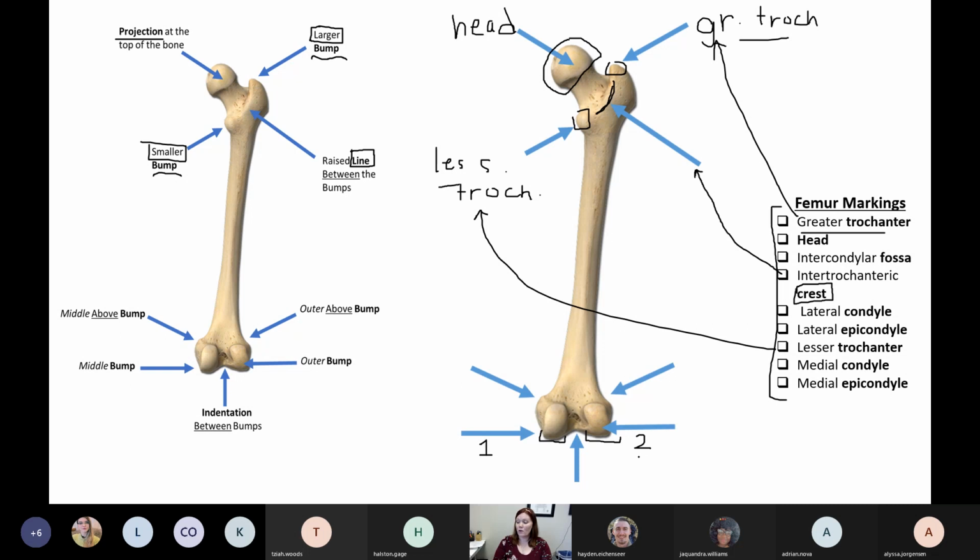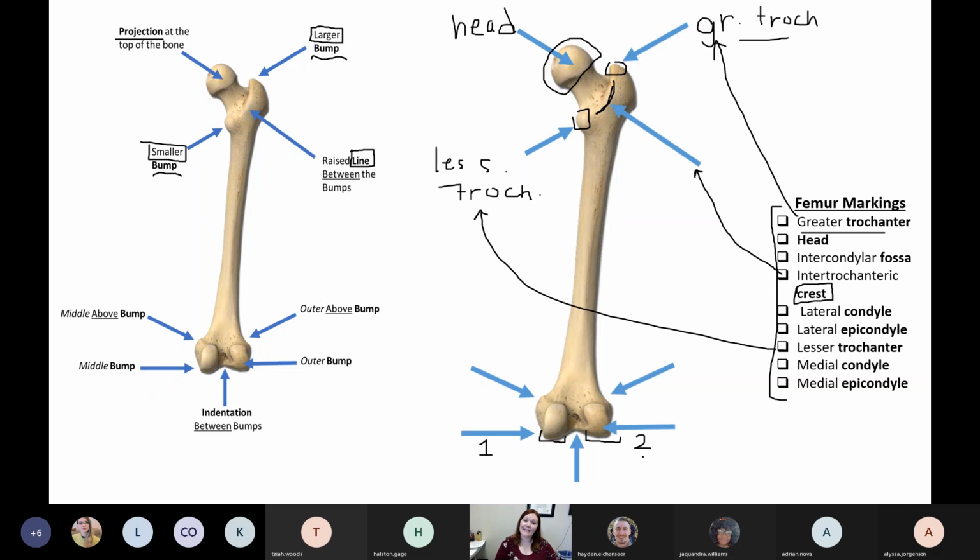Which one is pointing toward the middle? Number 1 or number 2? So we're literally 50-50 split.